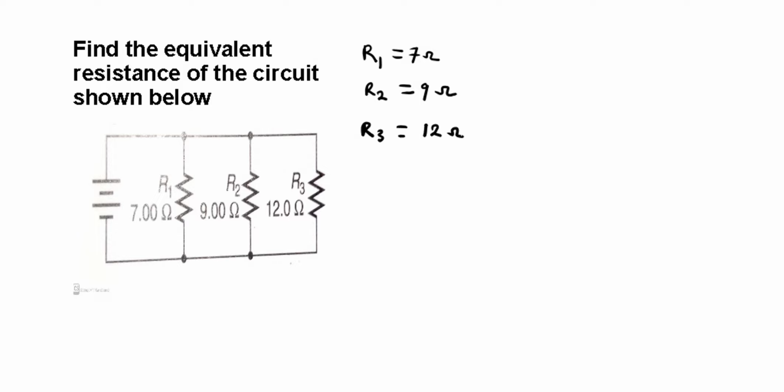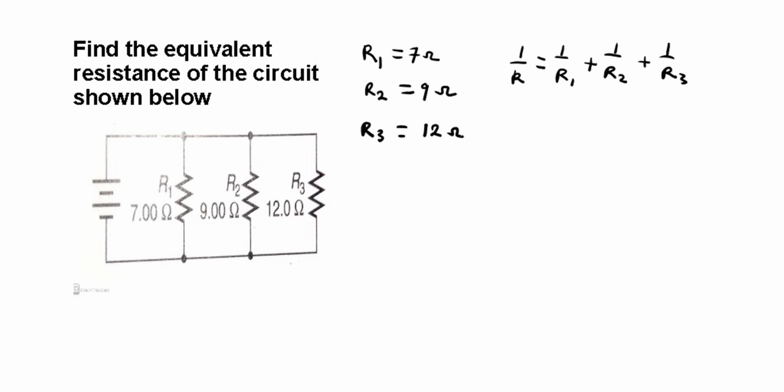Now, to find the equivalent resistance of the circuit, we are going to use the formula 1 over R is equal to 1 over R1 plus 1 over R2 plus 1 over R3.